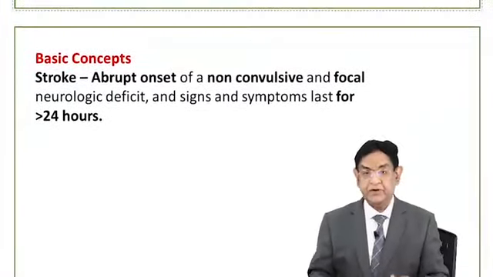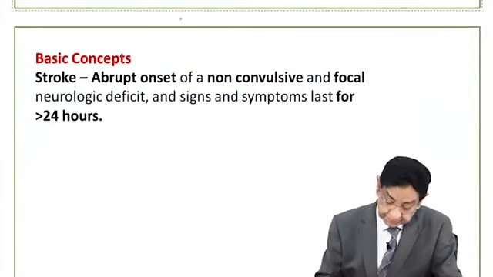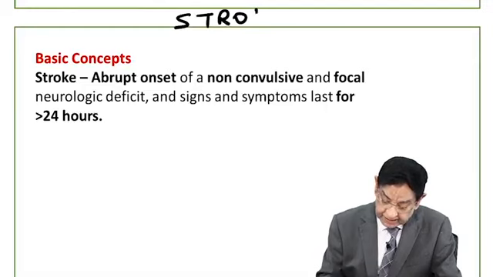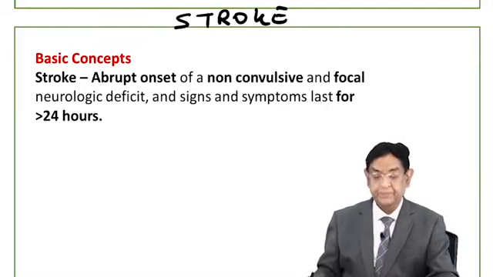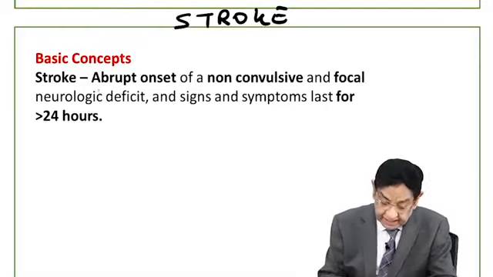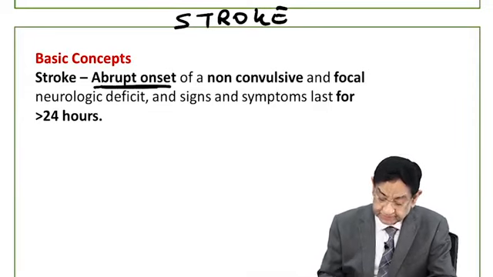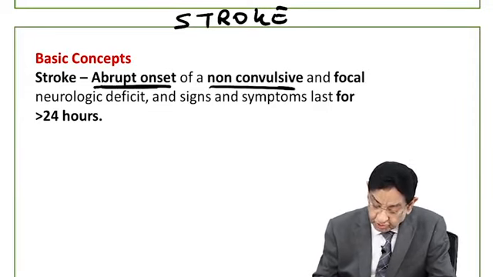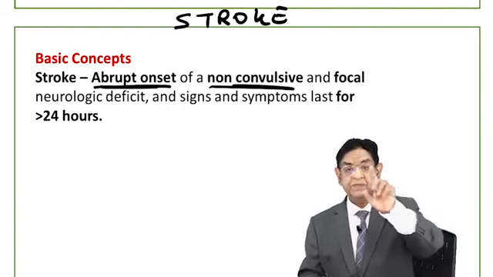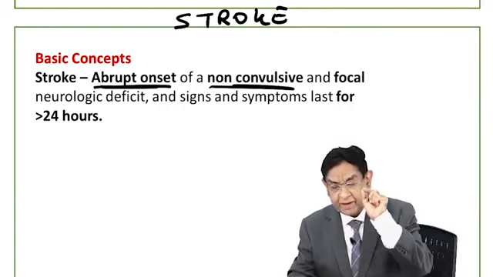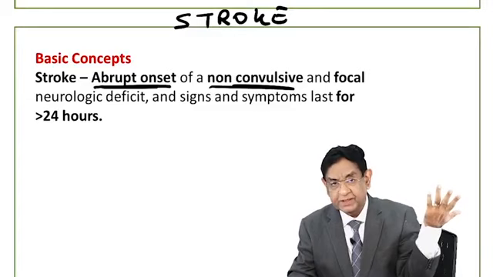This is a patient of stroke. Now, what is stroke? It is abrupt onset of a non-convulsive event. The only other thing that can have an abrupt onset is convulsion.